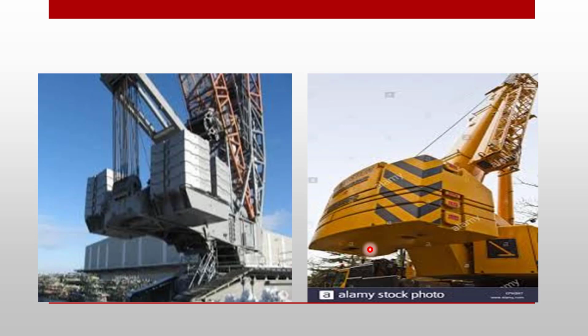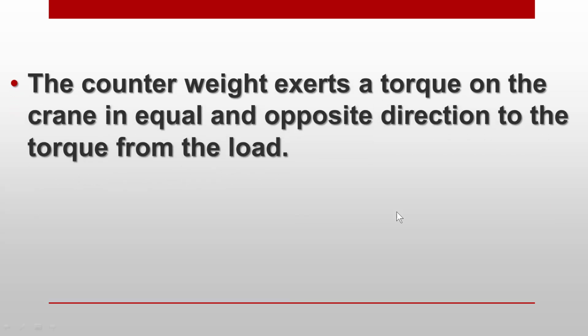So it will produce a counter torque, a torque which will balance the effect of the torque produced by the load. The counterweight exerts a torque on the crane in equal and opposite direction to the torque from the load. So it is applying a torque which is equal and opposite to the torque applied from the load.